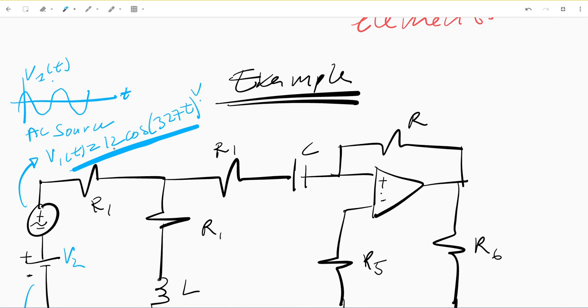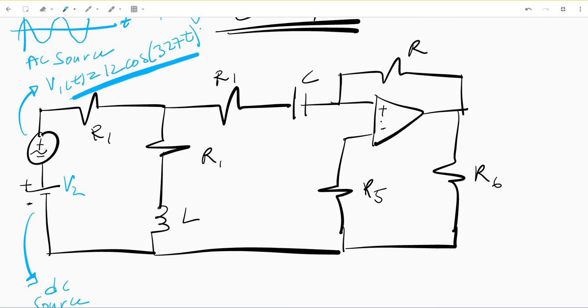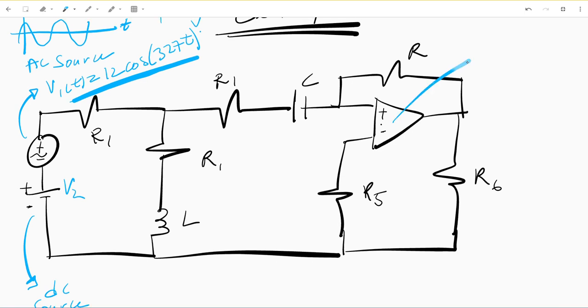This value for V1 of t is a sinusoidal that looks something like that. Next, this is an operational amplifier.